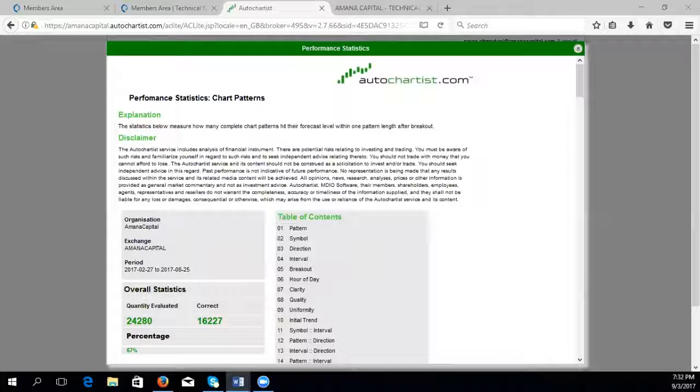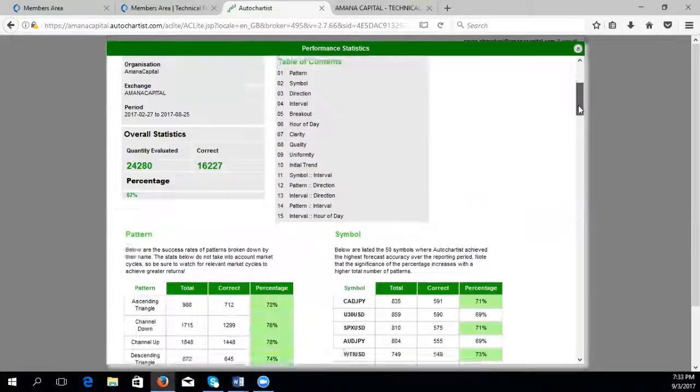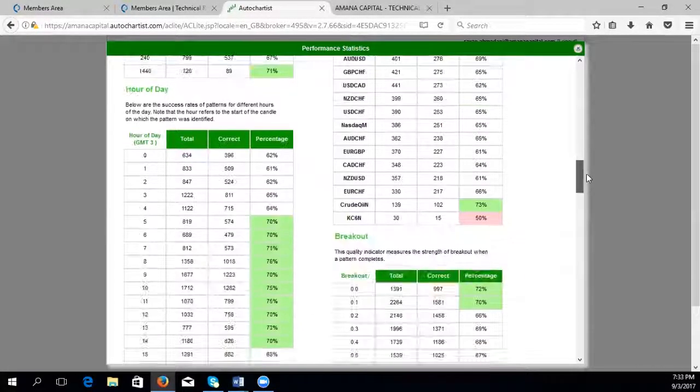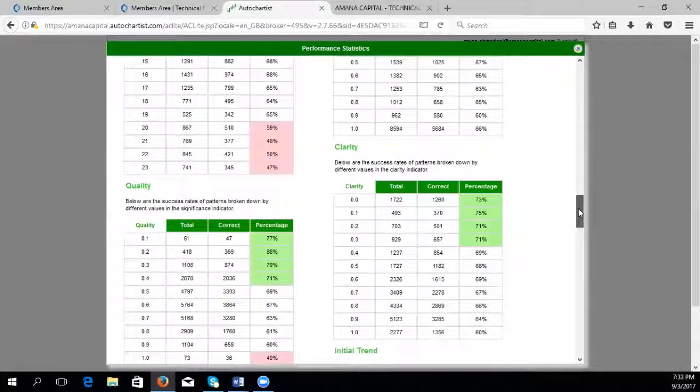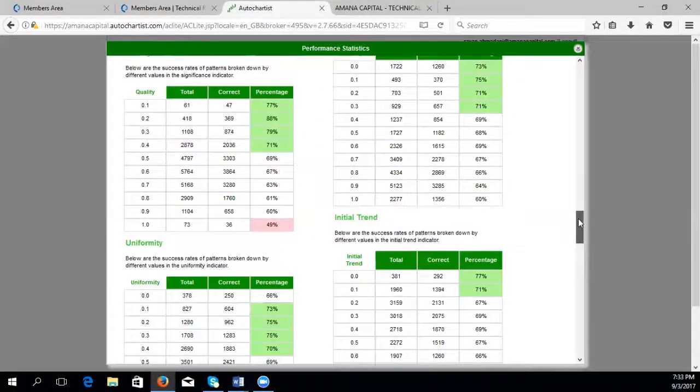However, you need to understand that these statistics are not a measure of profitability, but simply count the quantity of identified opportunities that reach the forecast level within a predefined time.